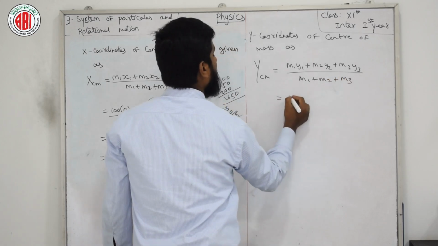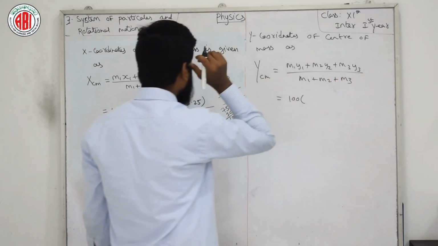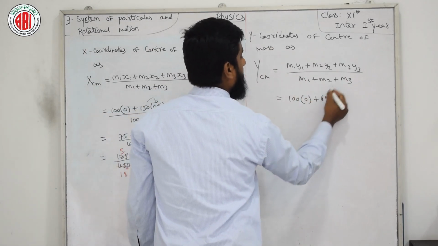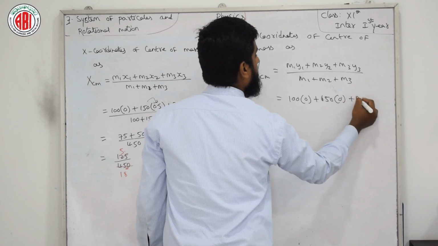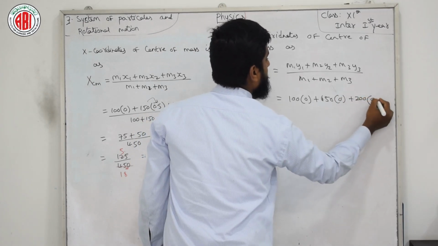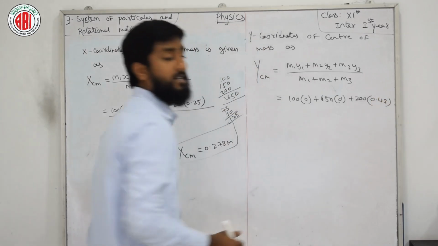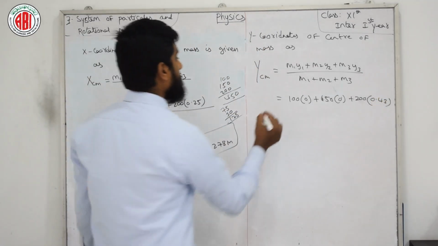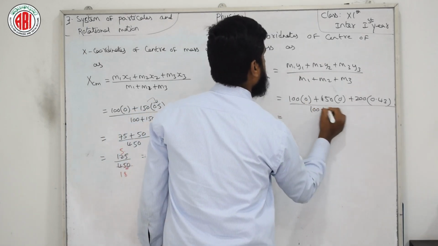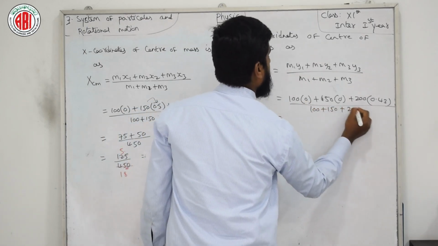So m1 is 100, y1 is 0, plus m2 is 150, y2 is 0, plus m3 is 200, whereas y3 is 0.43, whole divided by 100 plus 150 plus 200.